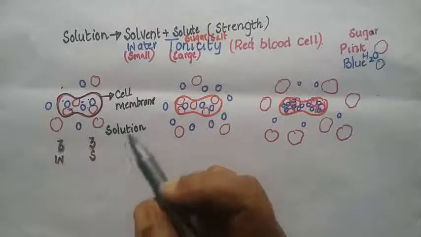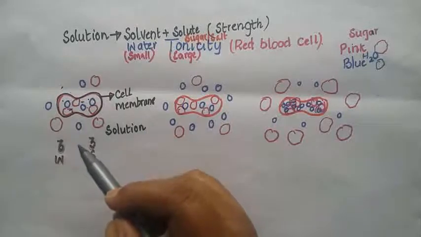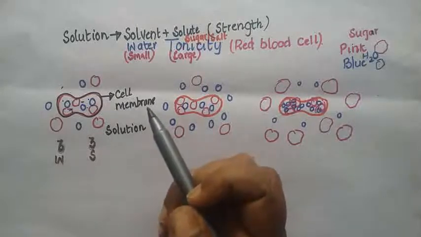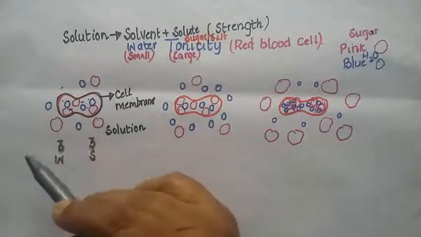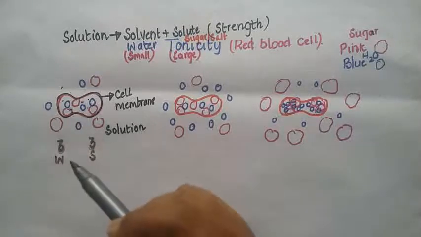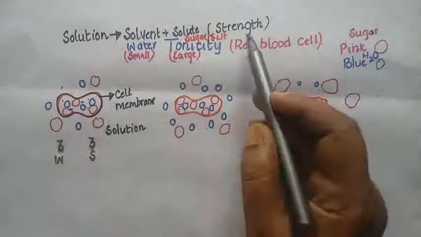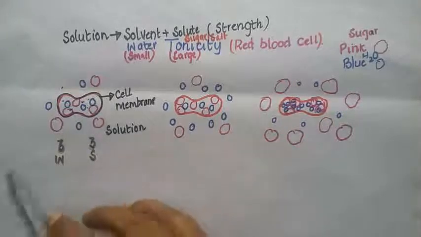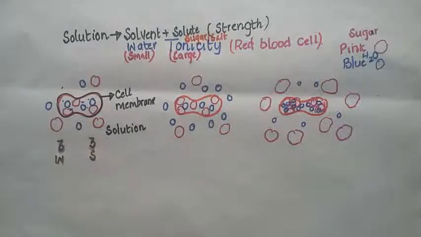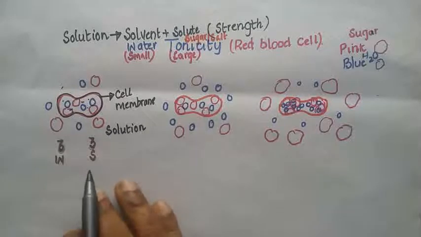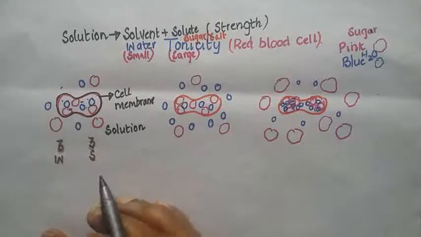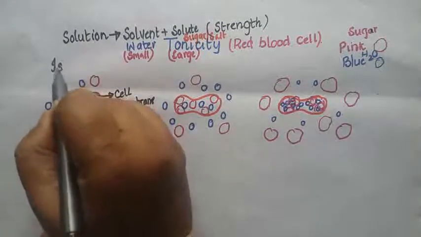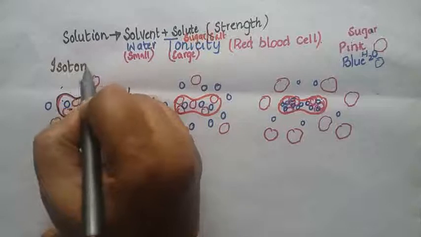So it means the number of water molecules followed by solutes are the same on either side of the cell membrane. Or you can say the strength of the solution is the same on either side of the cell membrane. So we name that solution an isotonic solution.